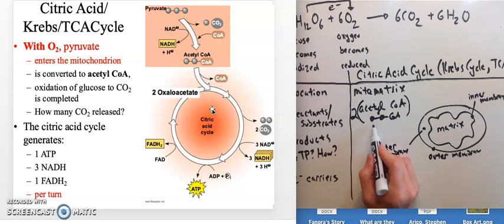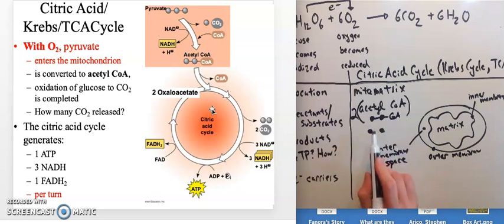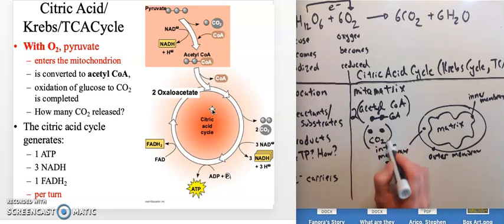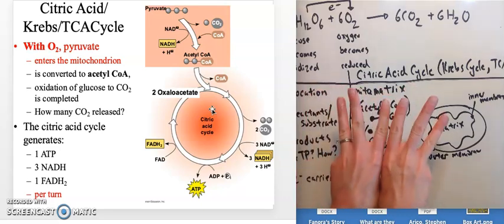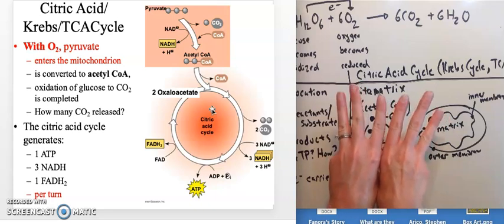So when we think about what happens during the citric acid cycle, we finish the breakdown of glucose into carbon dioxide. Each of those carbons that were in acetyl-CoA get released as carbon dioxide. But again, this happens twice, once for each acetyl-CoA. So I do this thing with my fingers, okay, to show you what's happening so far. We started with glucose. Glucose has 6 carbons.